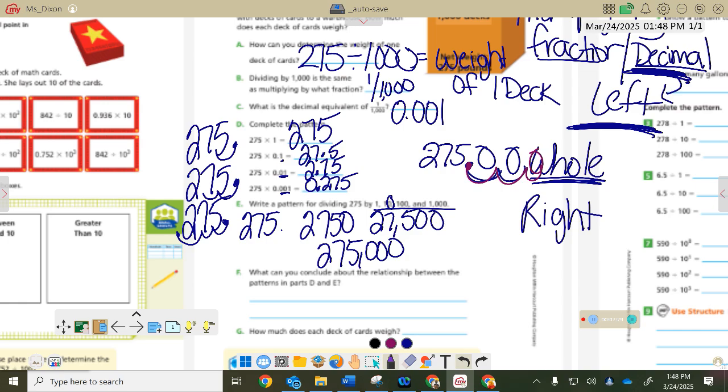What is happening to the digits when we move the decimal? Is it getting bigger or is it getting smaller? In part D, the values are decreasing.